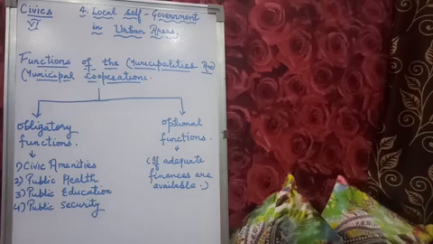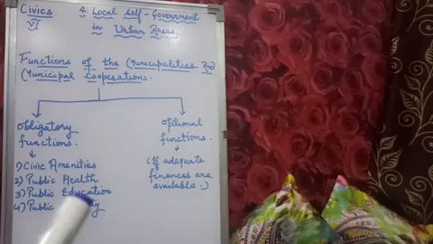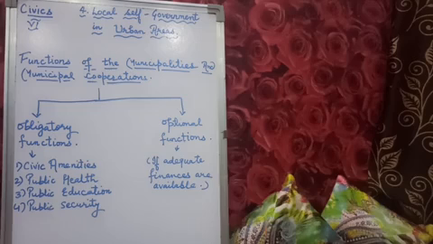Provide midday meal and free stationery, as I told you. Open public libraries, museums and reading rooms for the people. Okay. So these are the public education. Now public security. Fourth one is public security. In public security, maintain firefighting service to save public life and property.